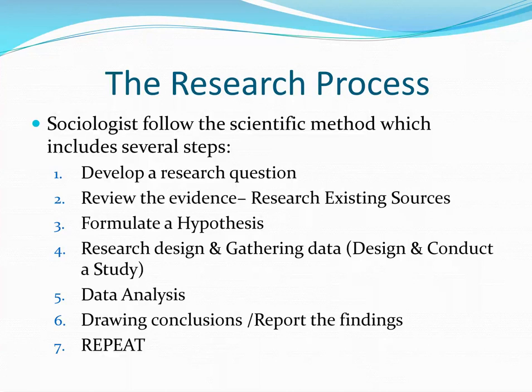The fourth step is to do your research design and gather your data, so you're designing and conducting a study. Your fifth step is data analysis. Sixth is drawing a conclusion and reporting your findings. And then your seventh step is to repeat that. Don't worry, we're going to go through each one of these separately.